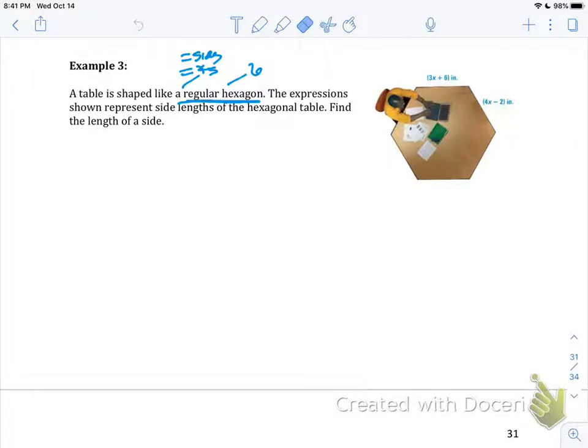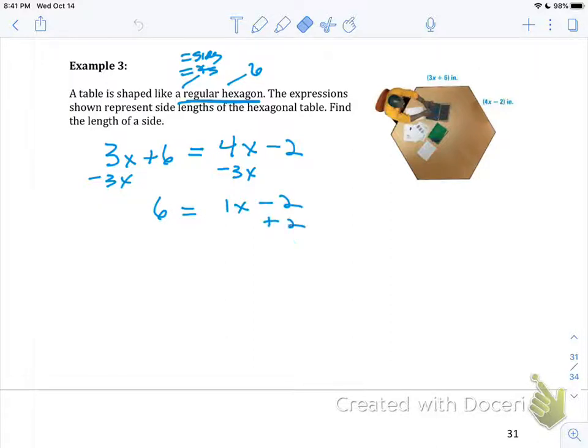So, if the sides are going to be equal, I can set the sides equal with an equal sign between the two expressions, correct? Now your job is to get the x's on one side and the numbers on the other. Subtract 3x, subtract 3x. I now have 6 equals 1x minus 2. Add 2, add 2. I have 8 equals x.